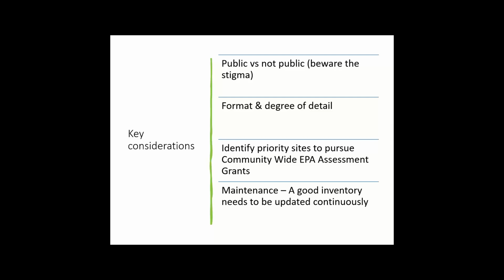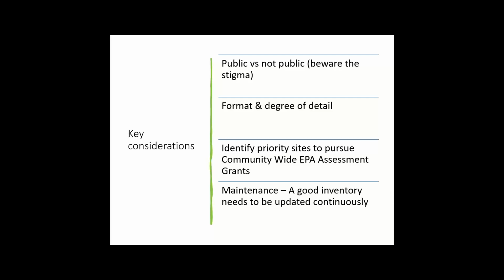I'm breaking this up because when you have private properties, you have to make sure that there is the owner's consent before you publicize a list of brownfield sites with private properties, because of the stigma associated with a property identified as a brownfield site.